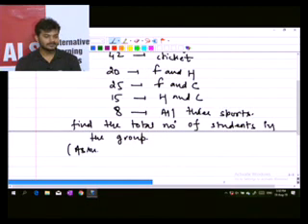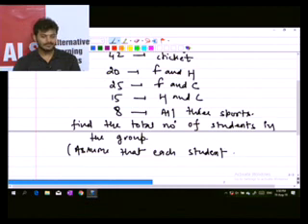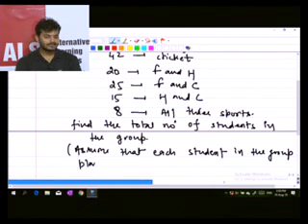Assume that each student in the group plays at least one game, right? One game.